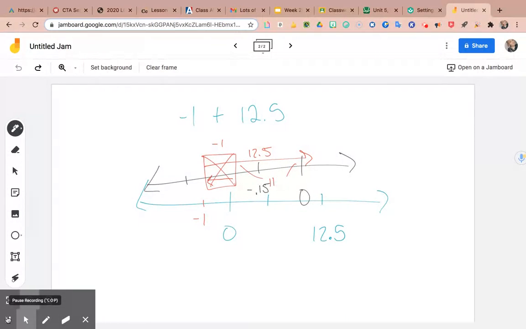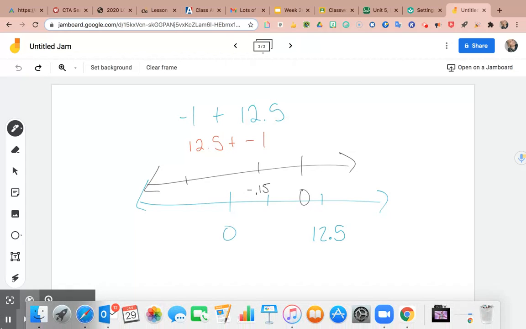Or remember, the order doesn't matter. So if I wanted to do 12.5 plus negative 1, remember I can switch the order. So these mean the same thing. If you remember, plus a negative number, you guys kept wanting to write subtraction. So you can rewrite it.